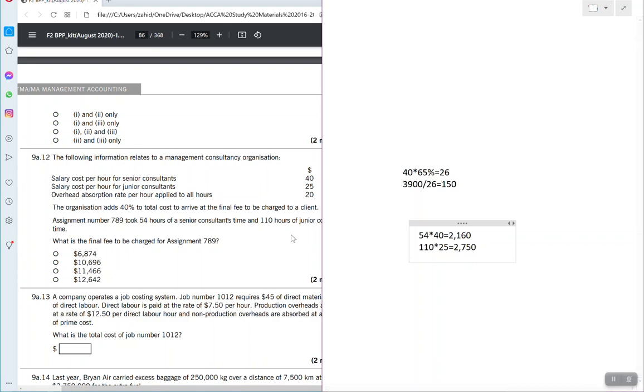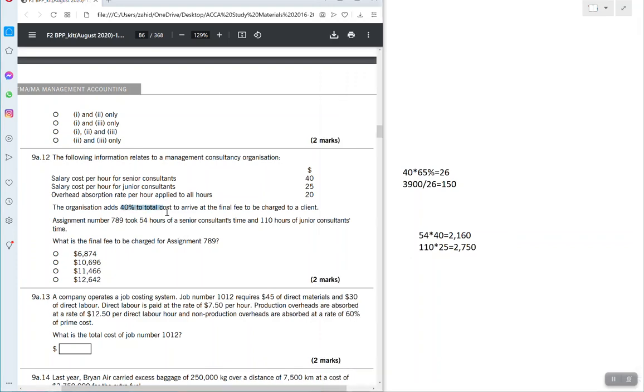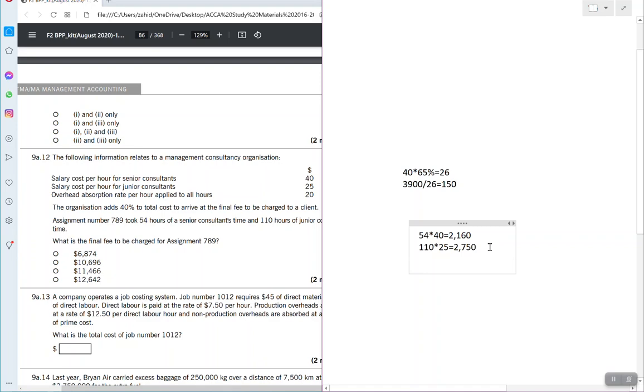And then the markup is based on 40%. Overheads are charged at 20 for all hours, and all hours you can see are 54 and 110, which becomes 164, multiplied by 20 becomes 3,280.